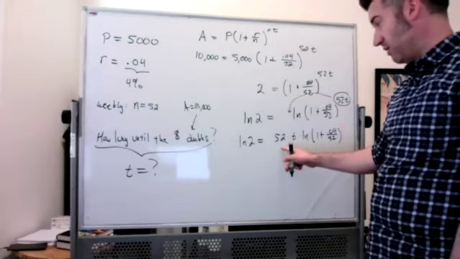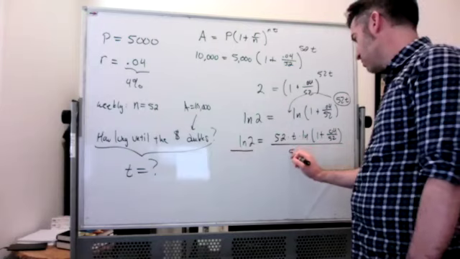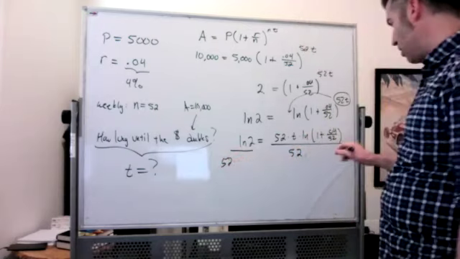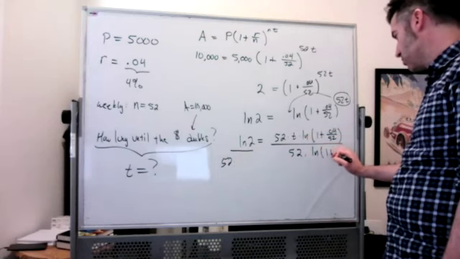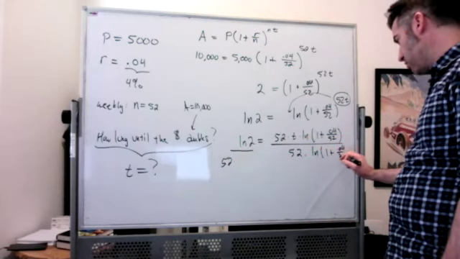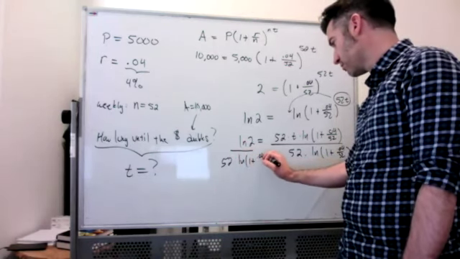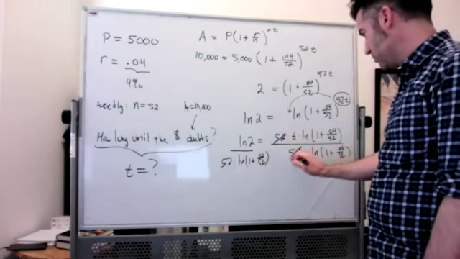I'm going to divide both sides by 52. I'm going to divide both sides by the natural log of 1 plus 0.04 over 52. These cancel.